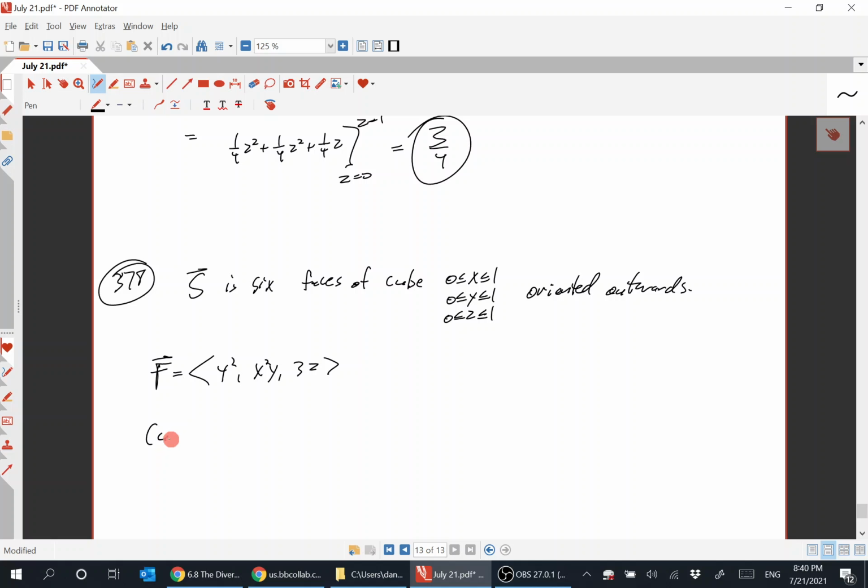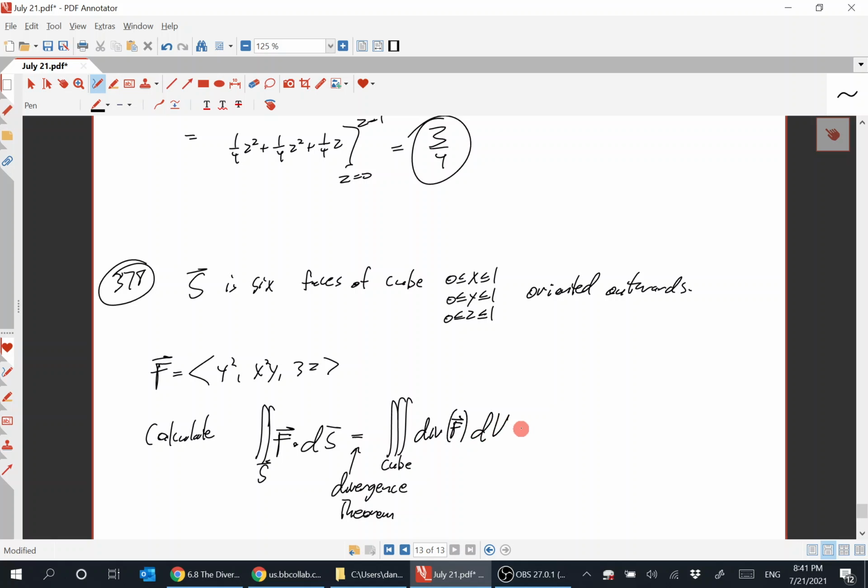All right, calculate the integral of F dot dS. So the flux from inside to outside of the unit cube over this vector field, via the divergence theorem, is the triple integral over the whole cube, the inside of the cube and the boundary, of the divergence of F dV.